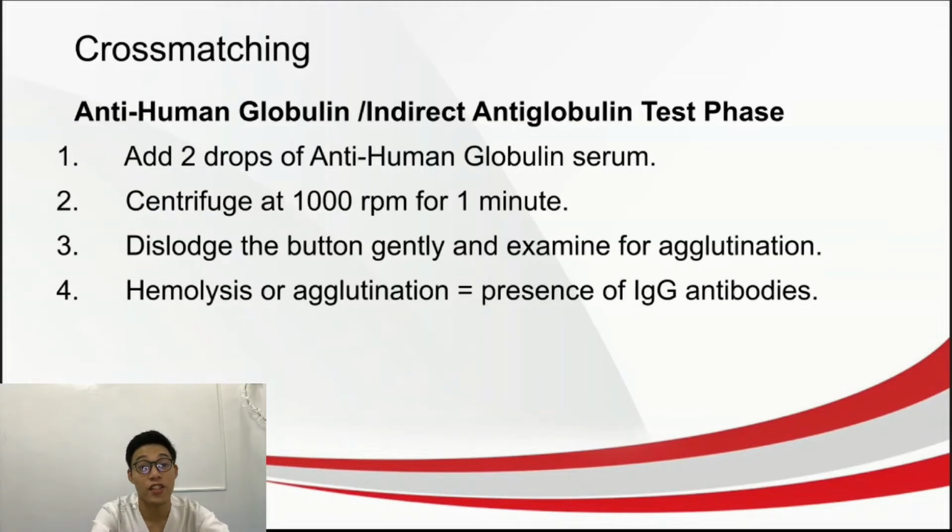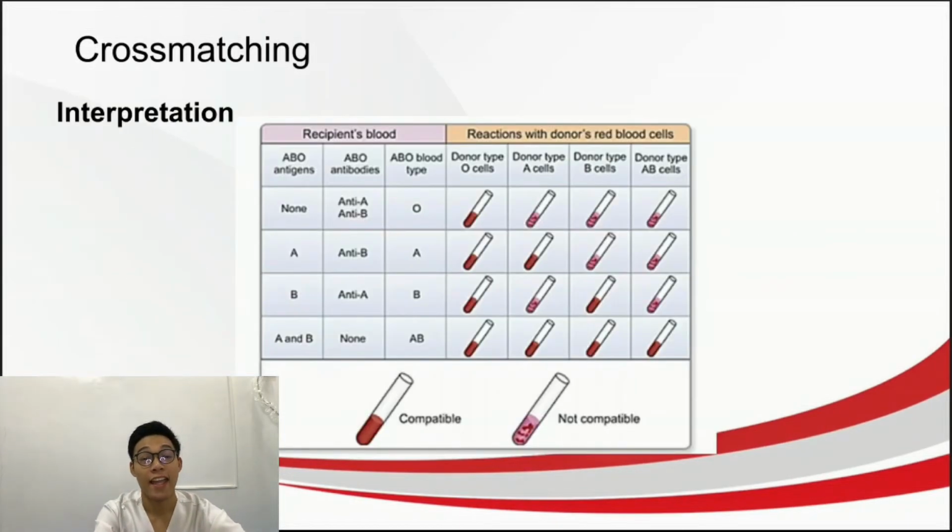Hemolysis or agglutination at this stage indicates the presence of IgG antibodies. And now for the interpretation. So a blood donor unit is labeled fully compatible with the patient's blood when no agglutination is observed in none of the 3 phases of the compatibility testing.